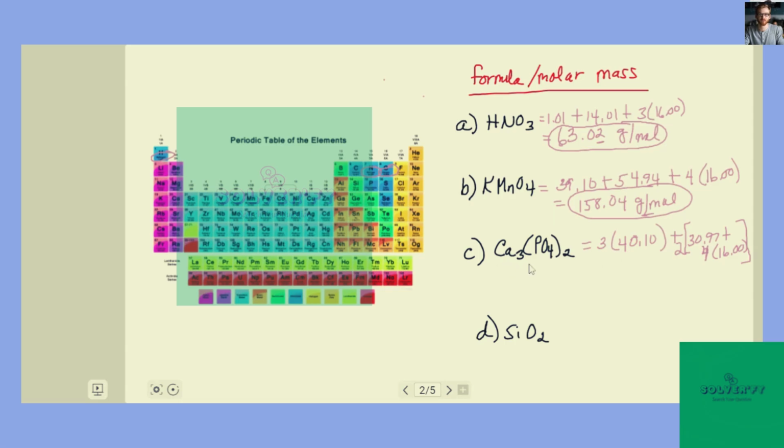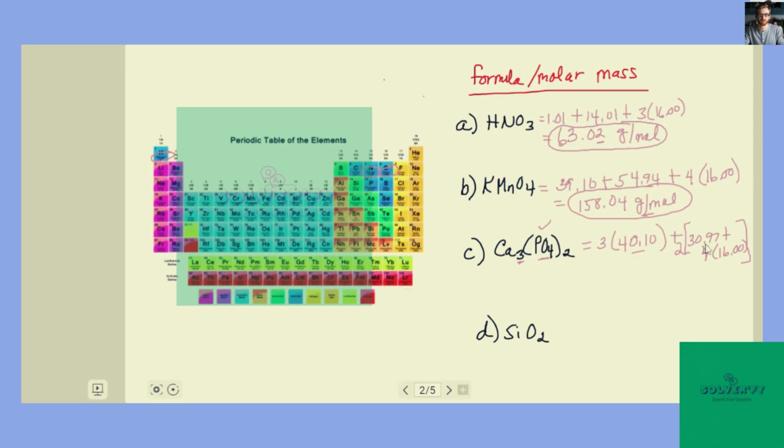Now in the next example, the calcium phosphate gets a little trickier because we have a whole polyatomic ion that's going to be doubled according to the formula. But let's start with the calcium. So you have 3 calciums, each of which is, according to the periodic table, 40.10 grams per mole, but we'll multiply that by 3 according to the formula. And now we're going to take this whole phosphate polyatomic ion and first determine the molar mass of it.